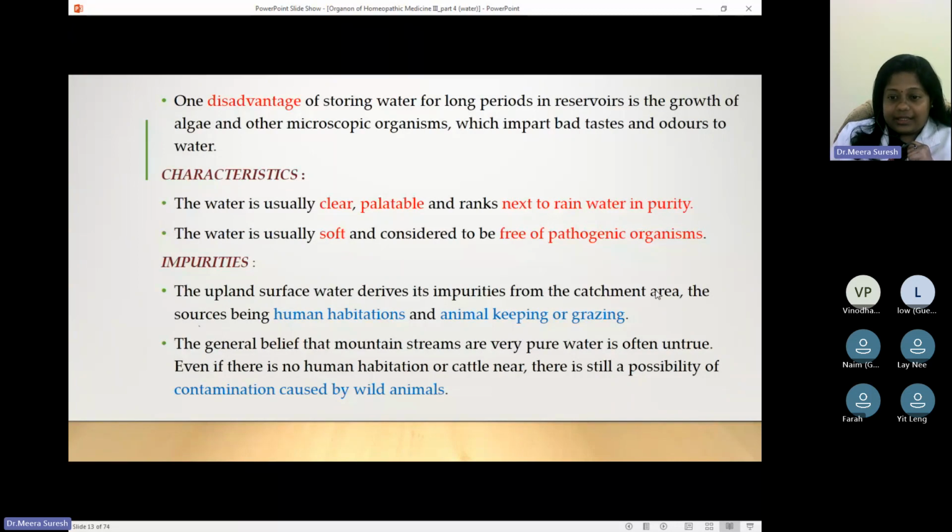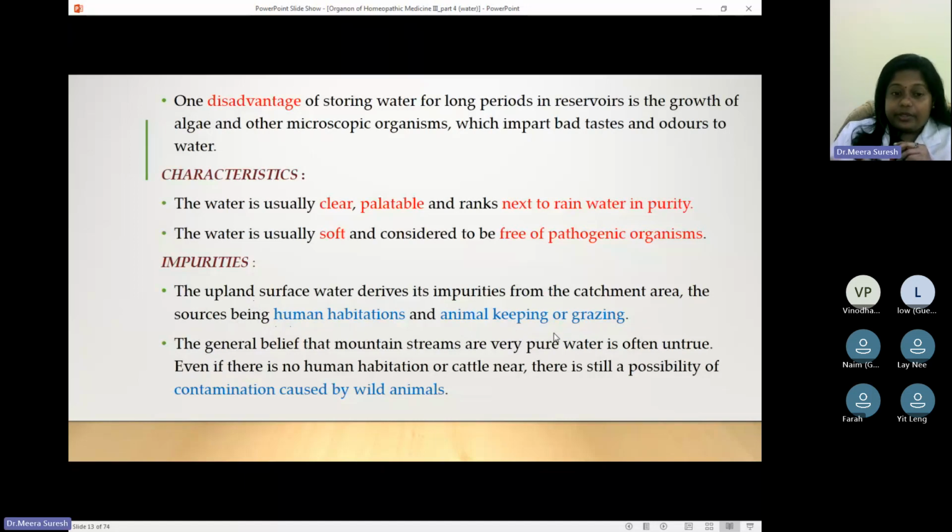Impurities can come from human dwellings or animal keeping or grazing.